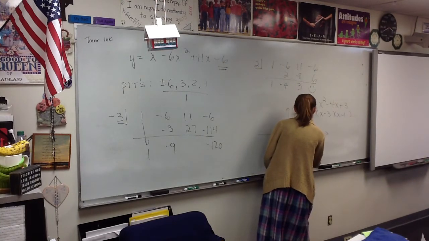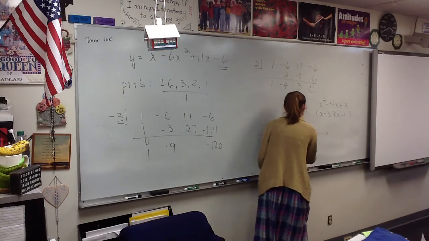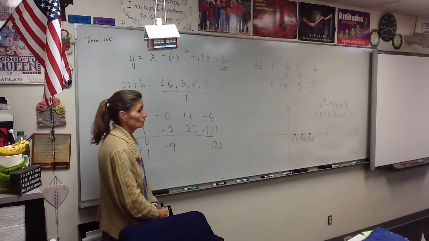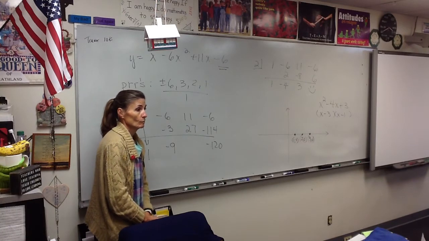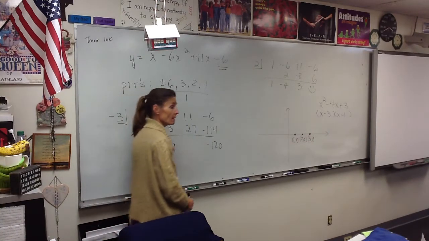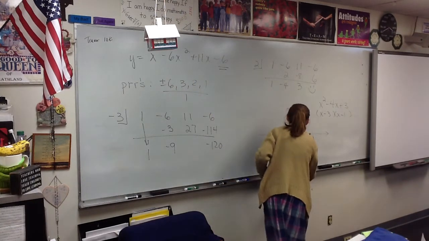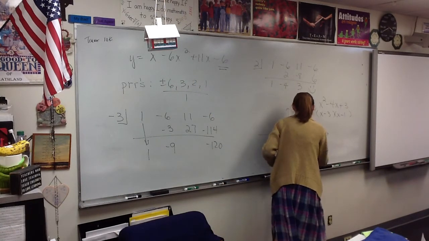Yeah. They're all right here in a row. It's x cubed. Start down and up. There you go.